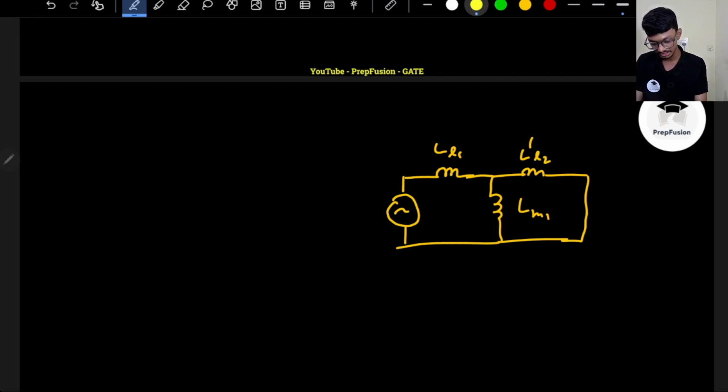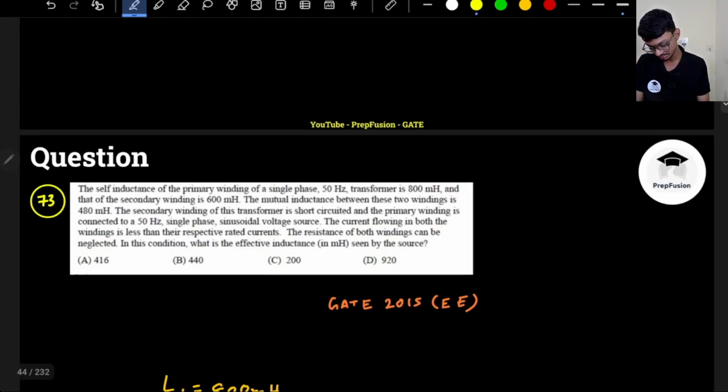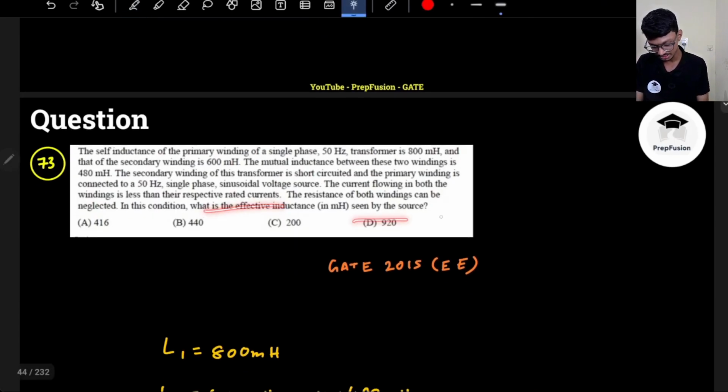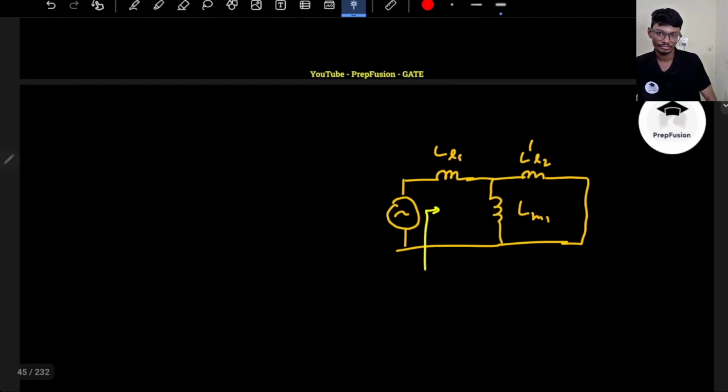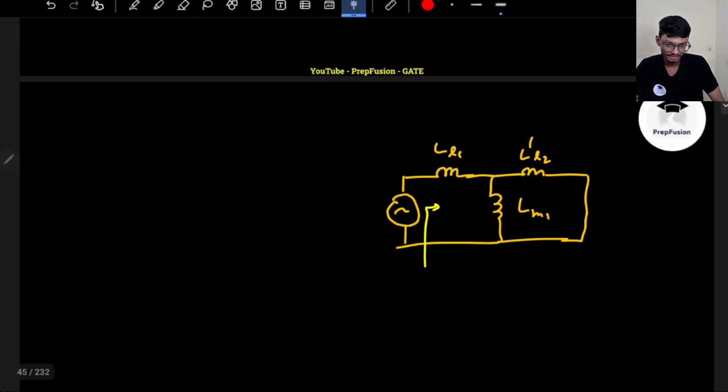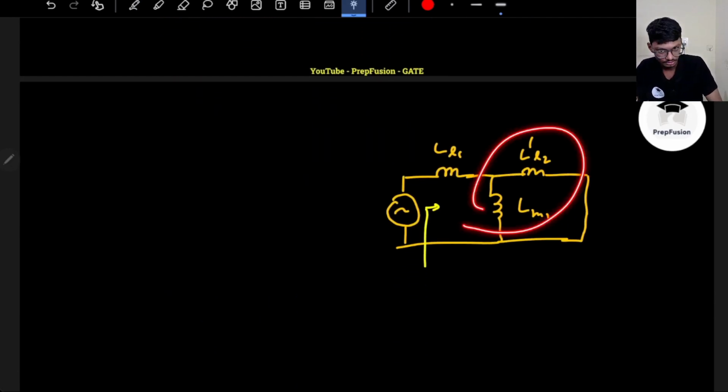So I have to find the equivalent inductance, right? What have they asked? The effective inductance seen by the source. These two are in parallel, correct?